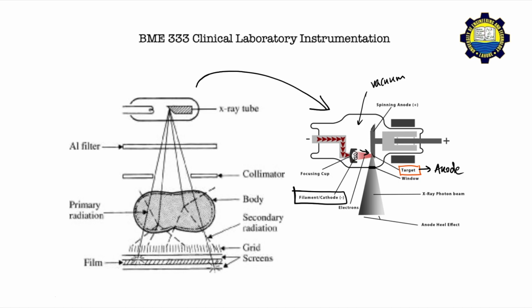So to sum it up, using an anode with a high density, or using an anode with a high electron cloud, or basically, instead of electron cloud, we're more interested in their atomic number because of the greater size of the nucleus.